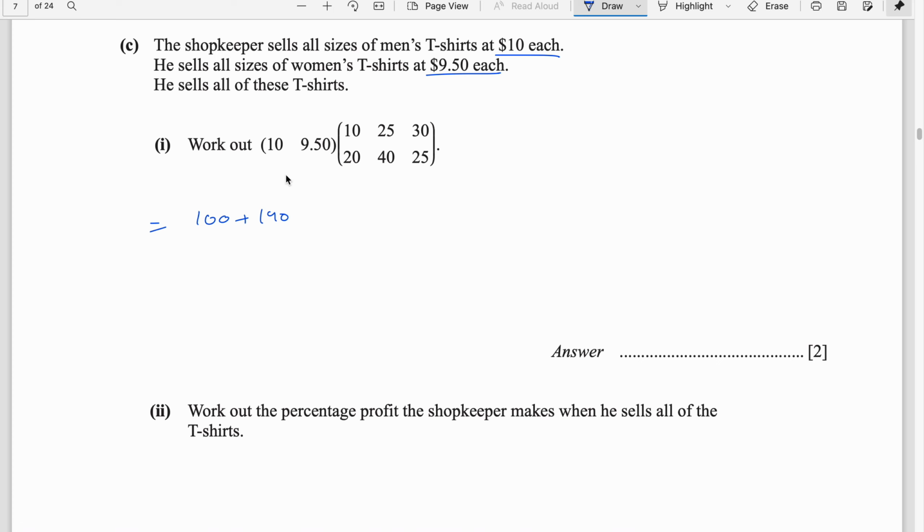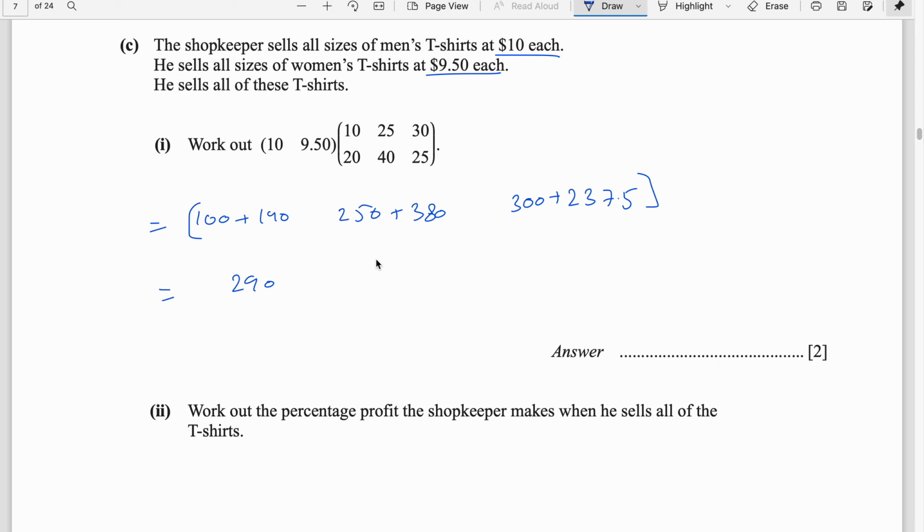First row, second column. 10 times 25 is 250 plus 9.5 times 40 is 380. Row into column. 10 times 30 is 300 plus 9.5 times 25 is 237.5.